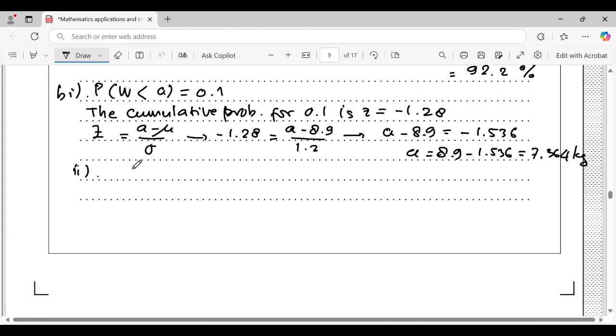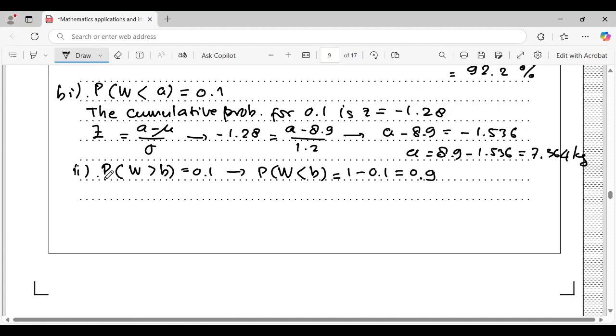Part 2. The probability W greater than B equals 0.1, or I would like to write it as probability W less than B equals 1 minus 0.1, 0.9.